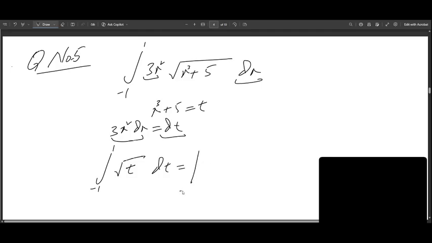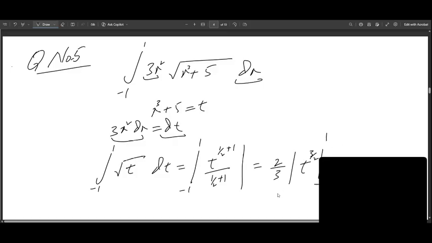It will turn into negative 1 to 1, and we have 1 by 2 plus 1, which will turn into 3 by 2. At the denominator, it will be 3 by 2, so that will be flipped. When it goes to the numerator side, it will be 2 by 3, with limits negative 1 and 1.